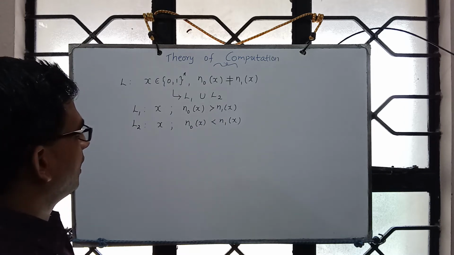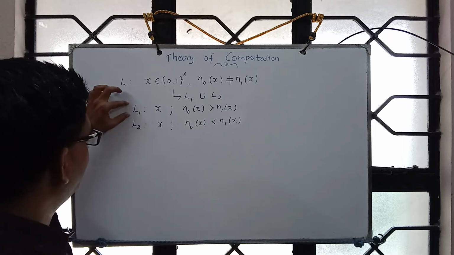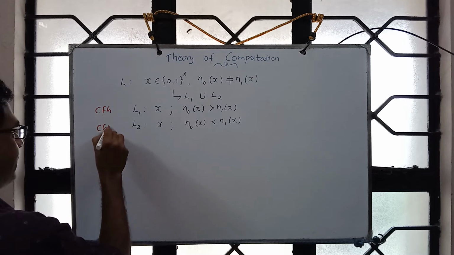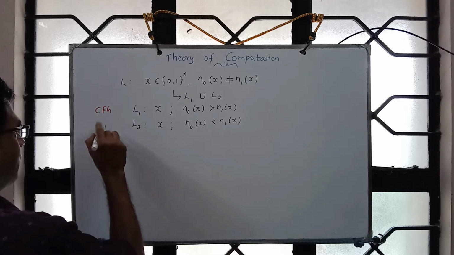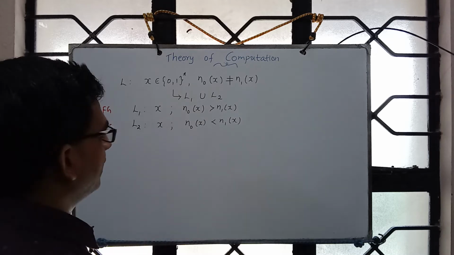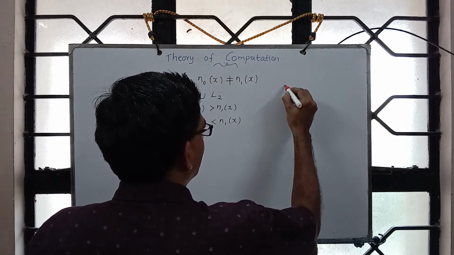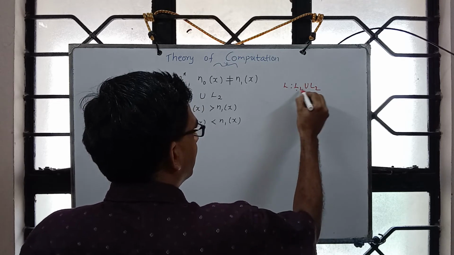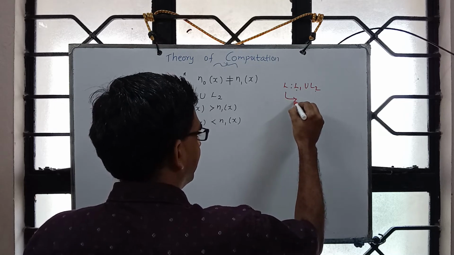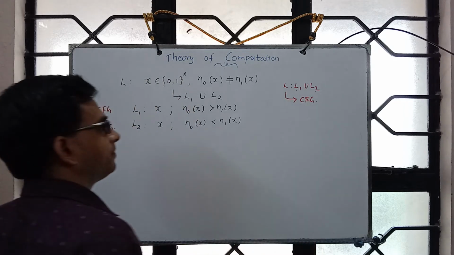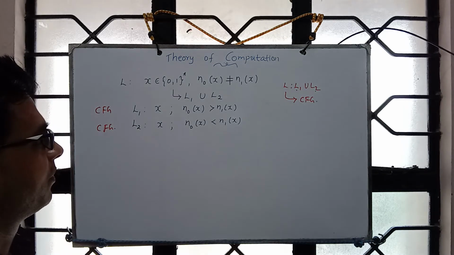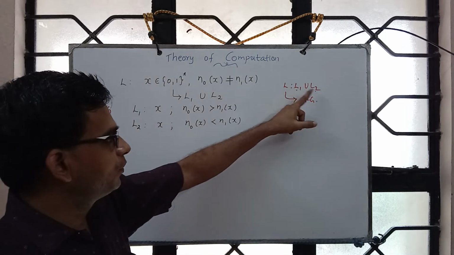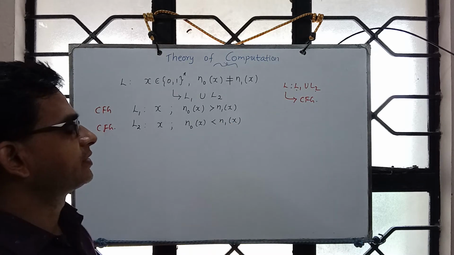Okay. Now this also tells you that if you get a CFG for this and a CFG for this, then if L is L1 union L2, and if you have CFGs for these two, then you get a CFG for L. So it tells you that the union of two CFGs is also a CFG.